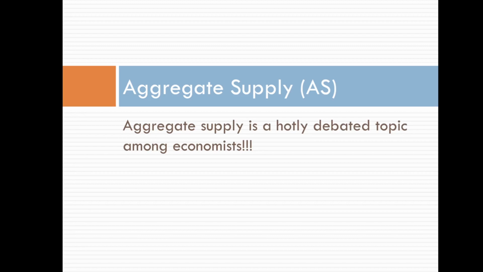They argue about how the AS should be, and that's why the economists are always debating over this topic. You will see there's no such thing as completely right or wrong in this topic. There are just arguments.